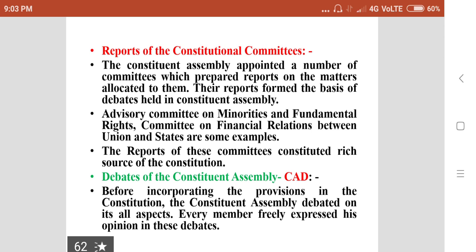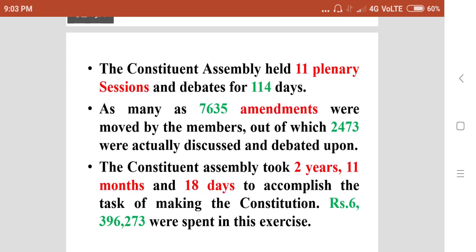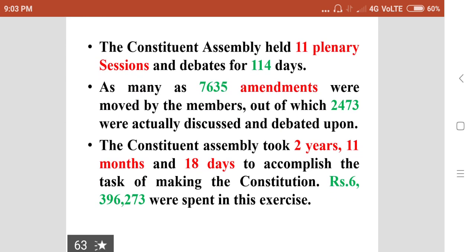Every member freely expressed his opinion in these debates. The Constituent Assembly held 11 plenary sessions and debates for 114 days.